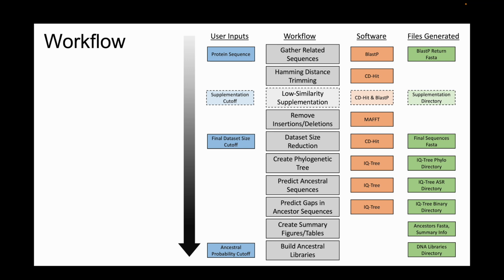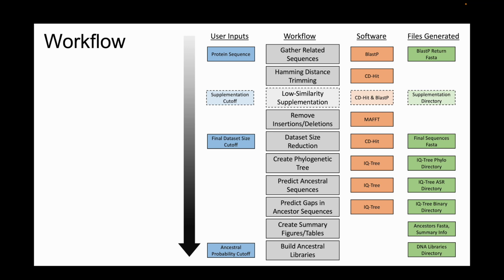At its core, AP-LASR is essentially a Python script that automates a lot of these steps. So working chronologically, AP-LASR first sources a bunch of related sequences using NCBI BLAST-P based on a given protein sequence. And then these sequences together are clustered and trimmed using CD-HIT. At this step, the main parameters are to ensure the diversity, and also it's a main step for formatting the sequences for alignment.